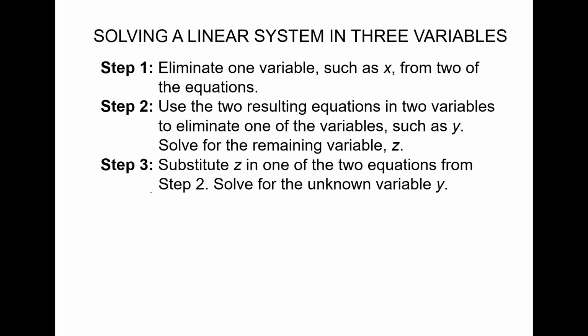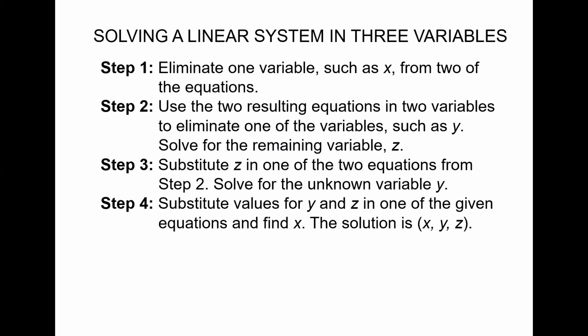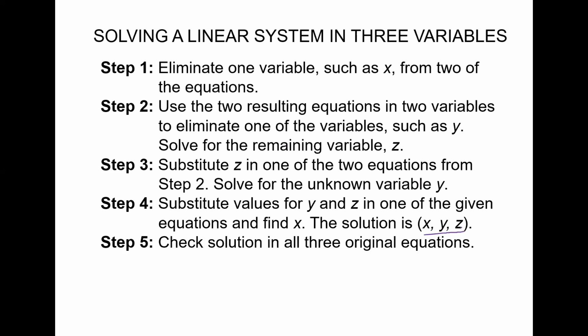And then basically you substitute whatever variable you found first into the previous one of the equations and solve for the other variable. And then you take those two that you know and plug them into the first equation. And then you solve and you get your solution, x, y, z. And then again, I added the last step here: check your solution in all three original equations.